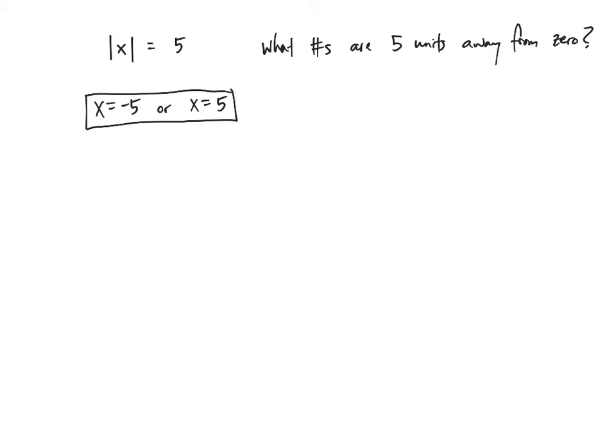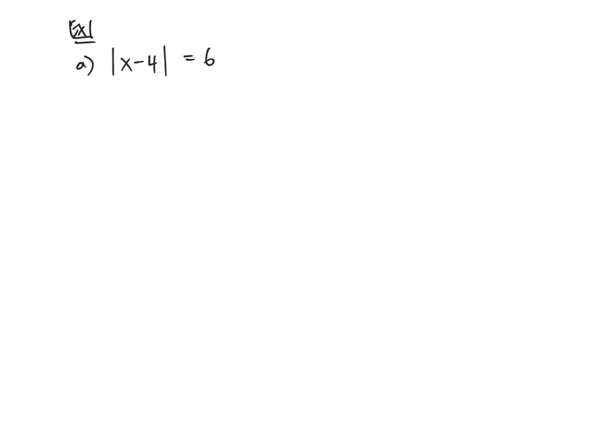Now let's start looking at the problems in the book. Example 1: the absolute value of x minus 4 is equal to 6. Instead of it just being x, we have this expression x minus 4.